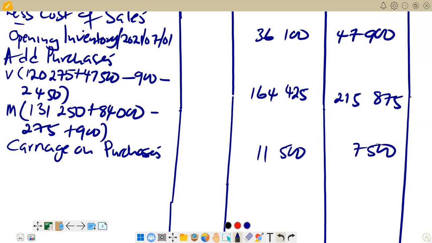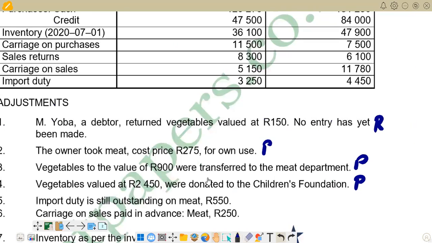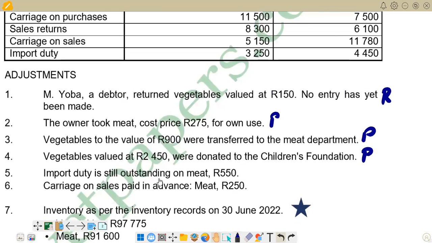And also we check for import duties. Let's check the amount that we have for import duties. For the vegetables department, we've got 3,250. For the meat department, we've got 4,450. Then we check for any adjustment again. We are told that import duty is still outstanding on meat.